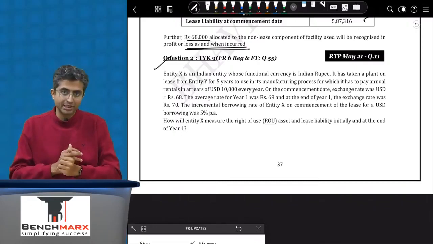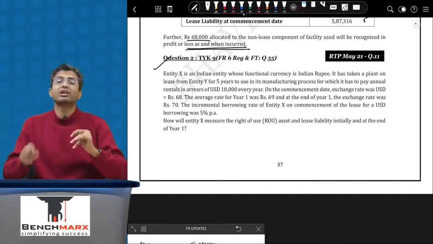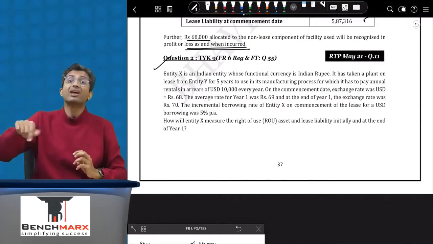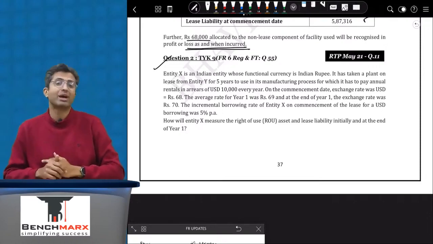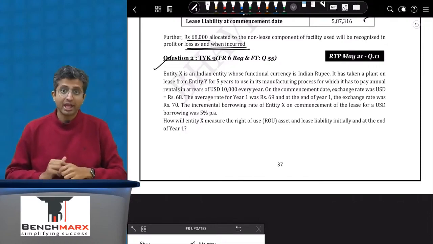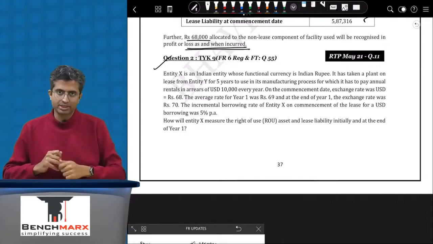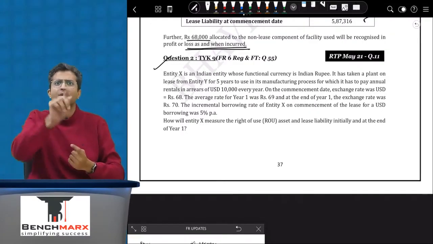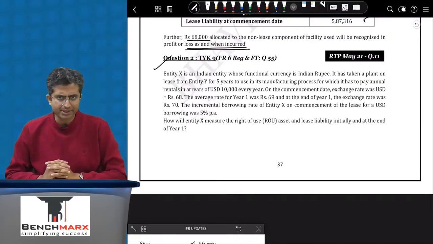However, the right of use asset is a non-monetary item, and non-monetary items will be recognized at historic rate. Depreciation will be based on that rate only, whereas lease liability will be restated at each balance sheet date at the closing rate. Interest or finance cost is an expense which will be recognized at the average rate. Lease payment is an actual payment, will be recorded at the date when the payment happens.